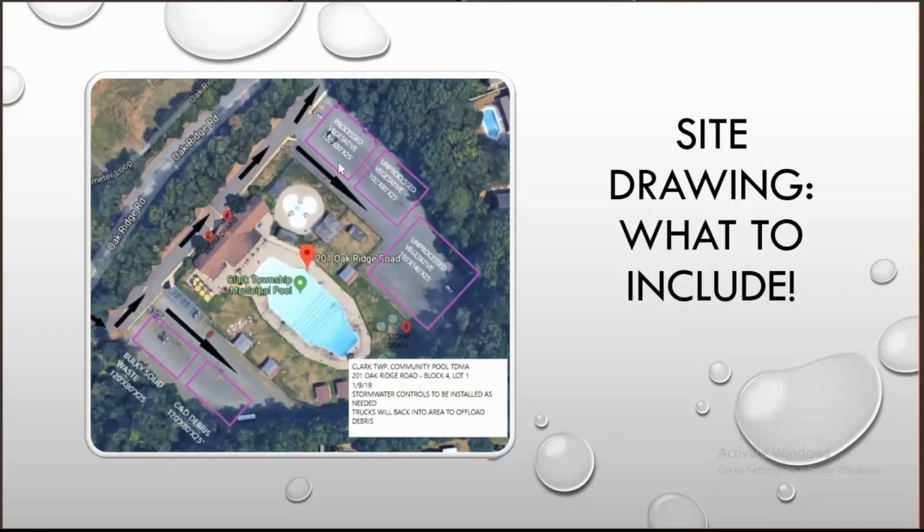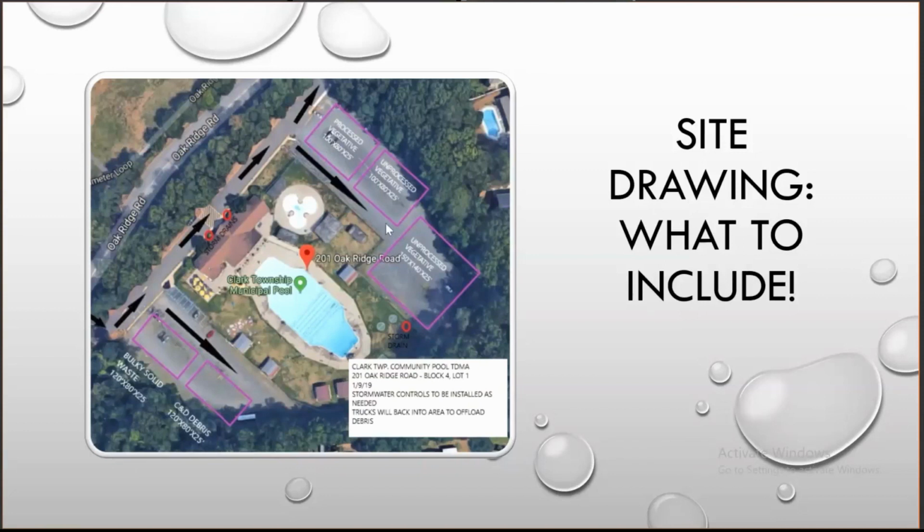Want to make sure that these stockpiles are going to be located on the right surface. And most importantly, you're going to want to make sure that whatever you put on the site drawing matches up with what you put on the form. And this is why I suggest you do the site drawing first and then go back and put all this information onto the TDMA form.